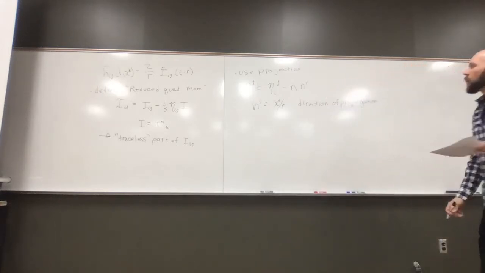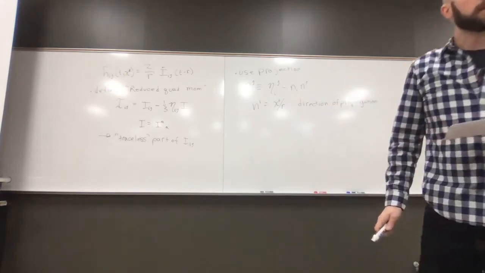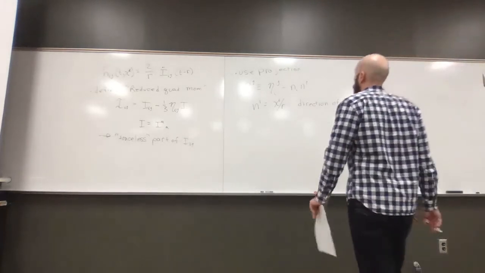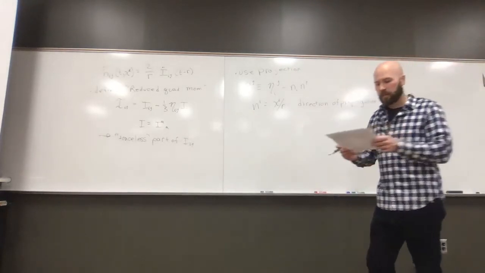So that's not our normal vector like we think of in 3+1 where it's moving in the time direction. Specifically, this is the direction of propagation of the wave that we're dealing with.